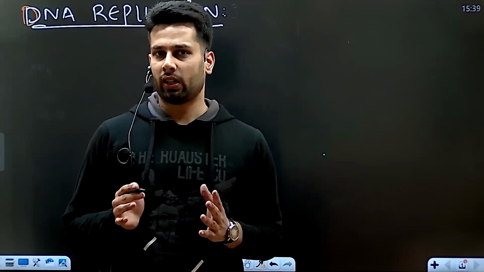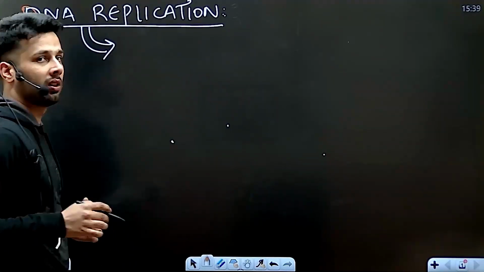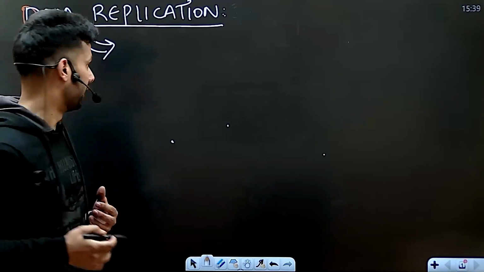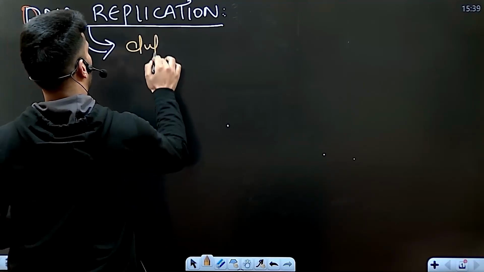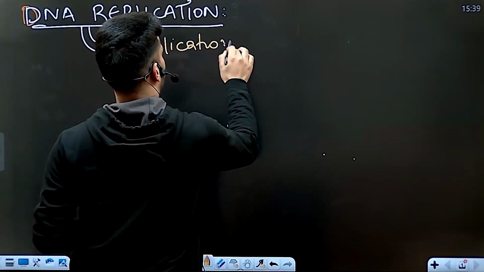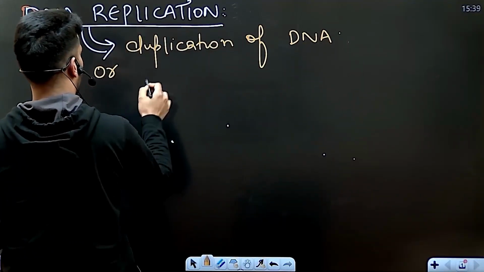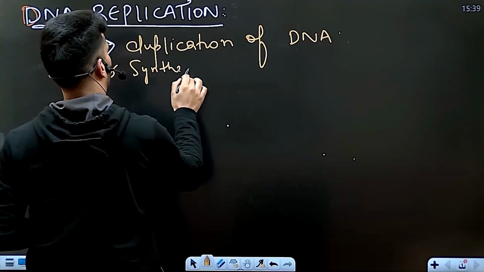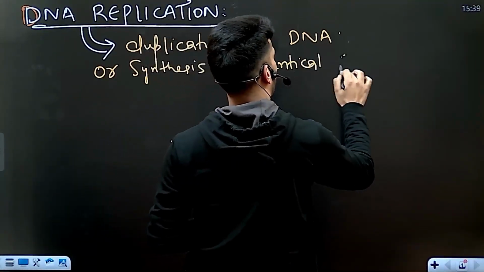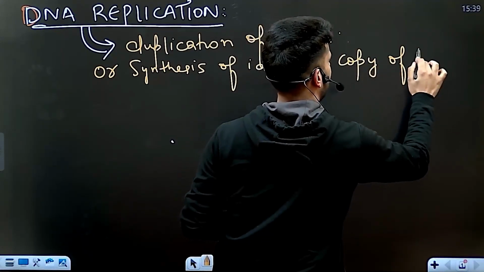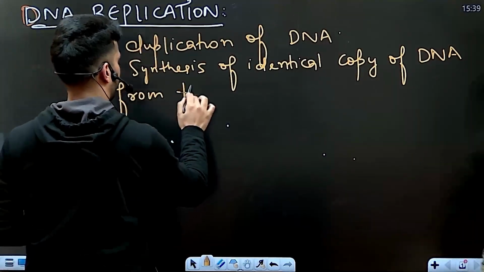So what do we mean by DNA replication? As the name itself speaks, replication means duplication or doubling. So it is duplication of DNA, or we can also say that it is synthesis of an identical copy of DNA from the parent DNA.